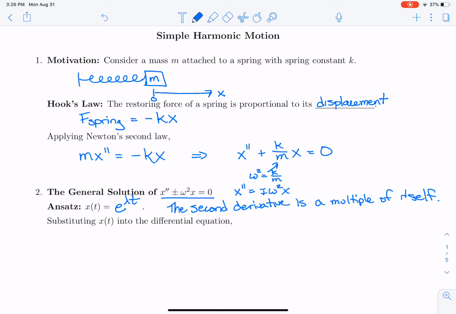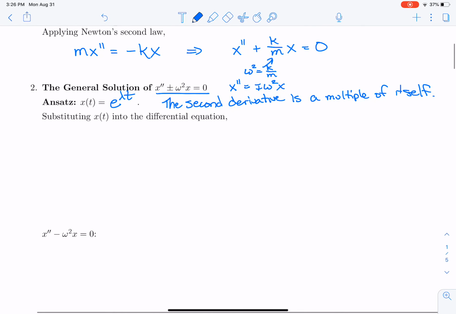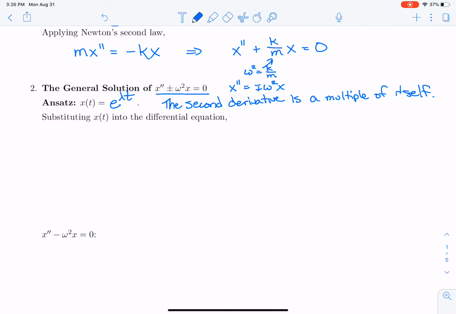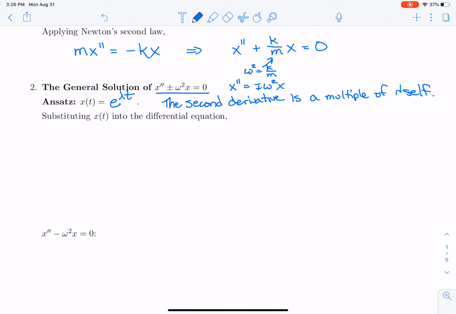So in order to show that that is indeed a solution, I'm going to want to substitute that into the differential equation. So I'm going to take the derivative of x, which is lambda e to the lambda t, and the second derivative of x, which is lambda squared e to the lambda t. And I'm going to substitute that into the differential equation.